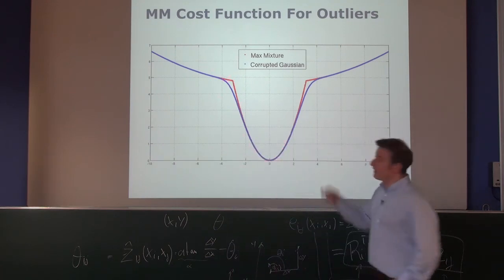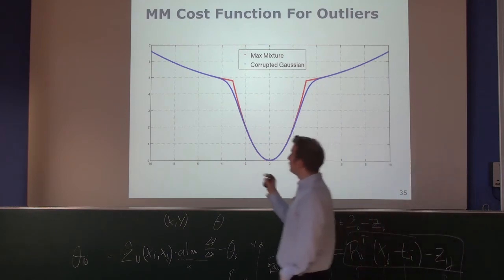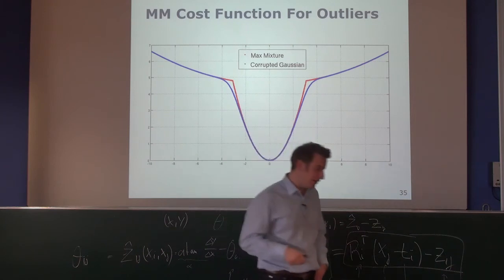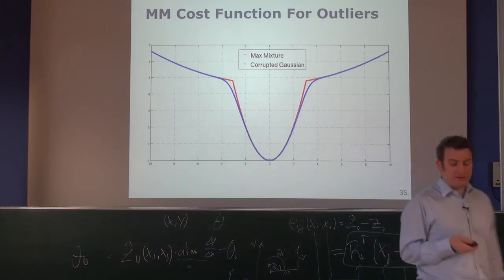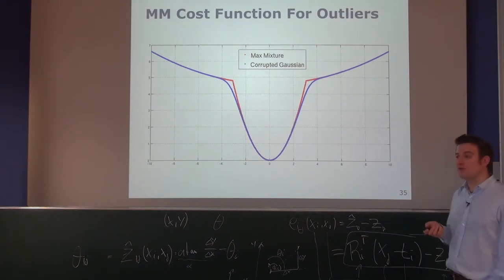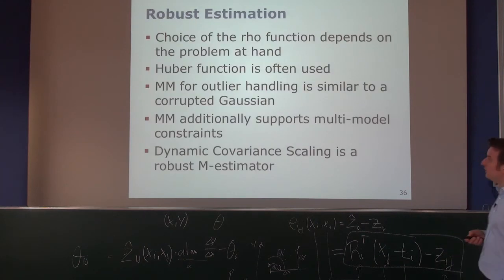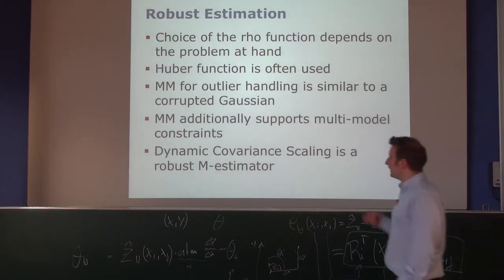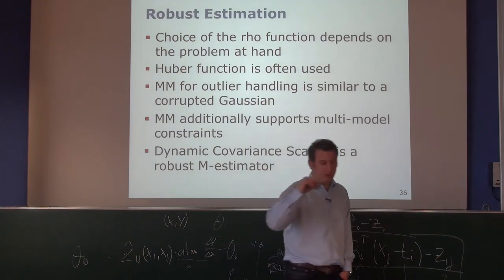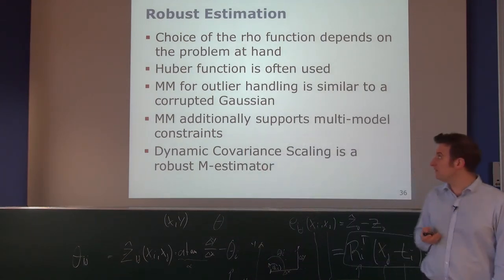But in all other areas, if you compare how the kernel looks, those two functions are pretty similar, in terms of the function that I'm going to optimize in the end. The same also holds for dynamic covariance scaling. We can show that dynamic covariance scaling is a special case of these robust M estimators.